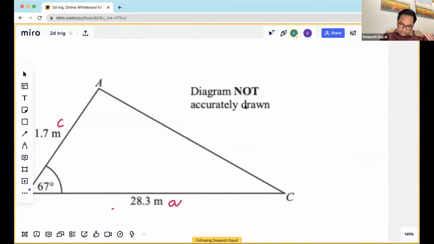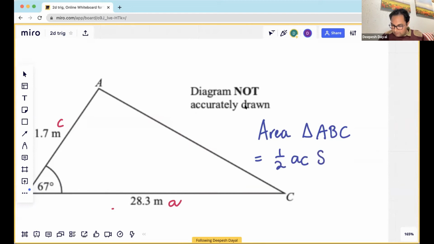So in this case, we've got A and C, so the area will be half AC sine B. Can you see that? Because we've got A, we've got C, and we've got the angle B. So the formula changes.